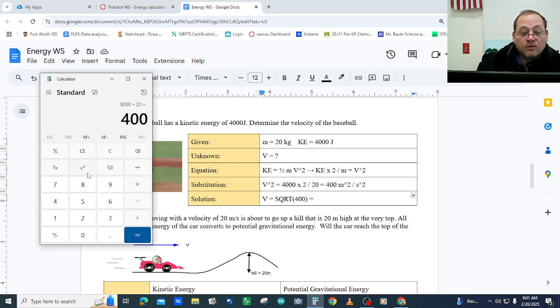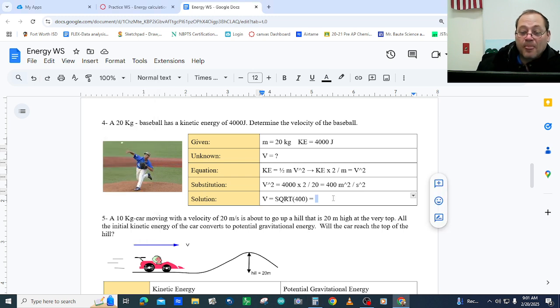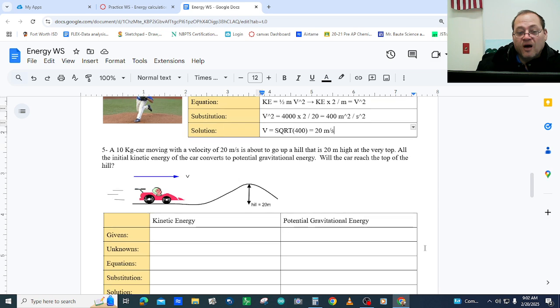Oh, yes, we do. So if you use the square root, you get 20. So this is 20 meters per second. And that's how you do it. So what is the complication here? The complication here is that the velocity is squared, so you're going to have to use the square root at the end. Okay? But it's not a big deal. You can do it.